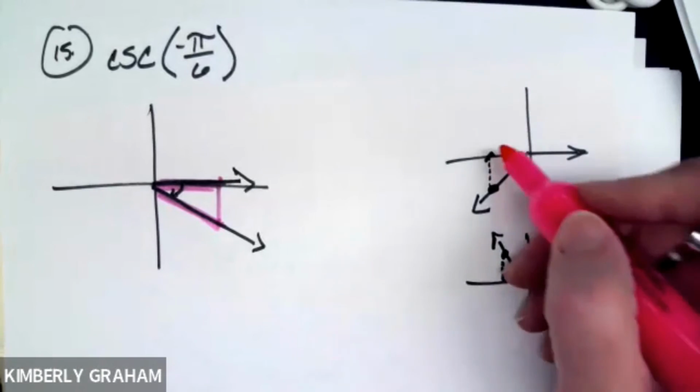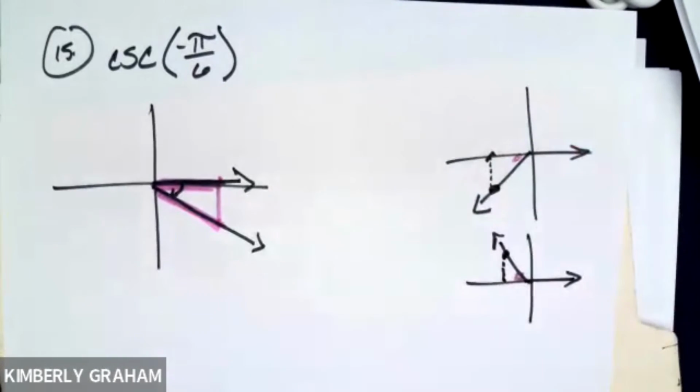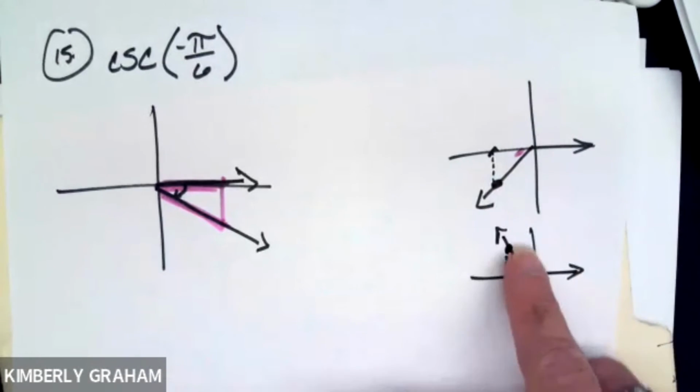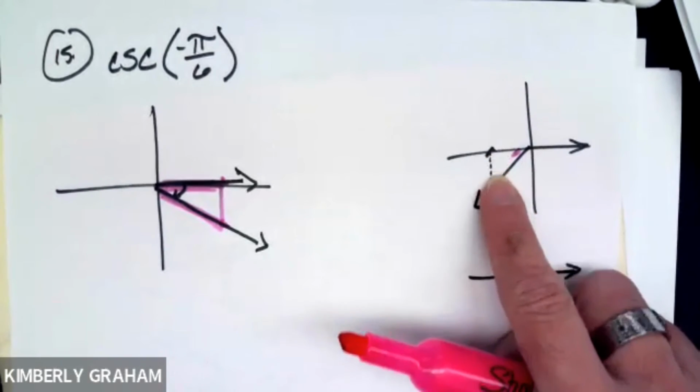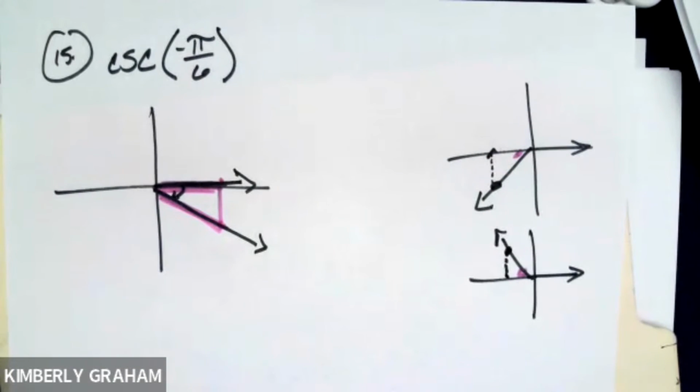This reference angle here in pink and here in pink is going to have an adjacent side in this right triangle that is equal to the x coordinate of a point that's on the line, or the opposite of the x coordinate, for your cosine.